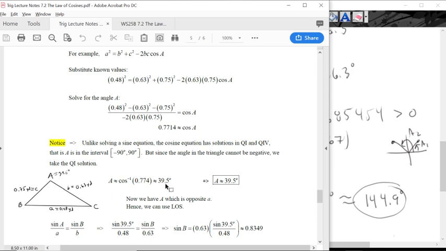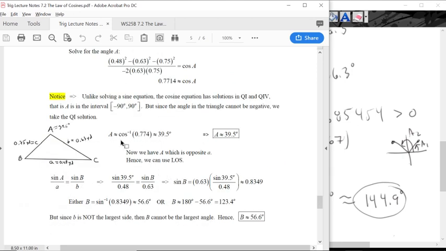For that reason, we don't need to consider a quadrant 2 counterpart to this 39.5 degrees. That is really true because we're using a cosine equation here. But when we were using the sine equation earlier with the law of sines, that's where we needed to consider quadrant 2.